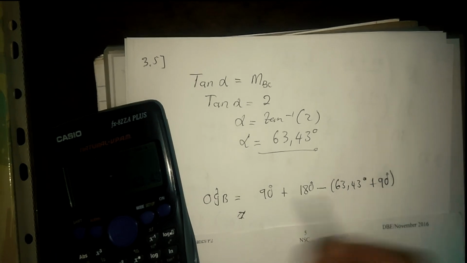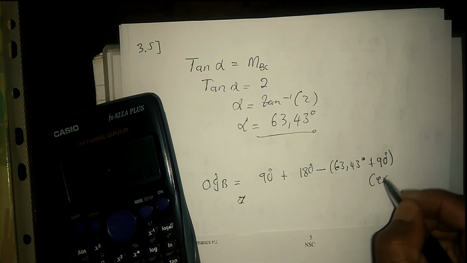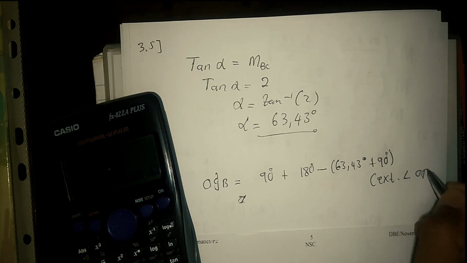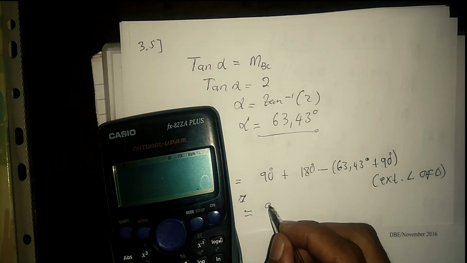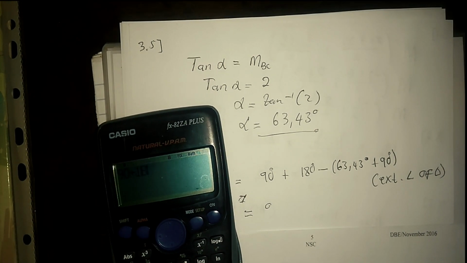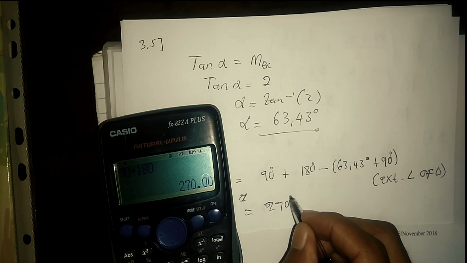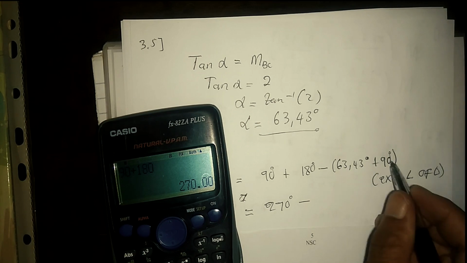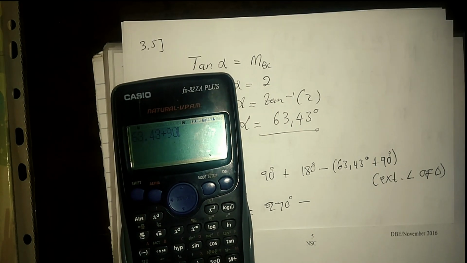The reason OGB is equal to this is that it is an external angle of a triangle. So what is 90 plus 180? It is 270 degrees minus (63.43 plus 90).